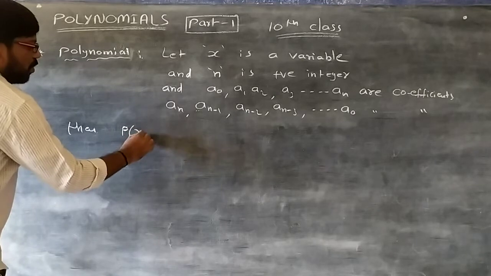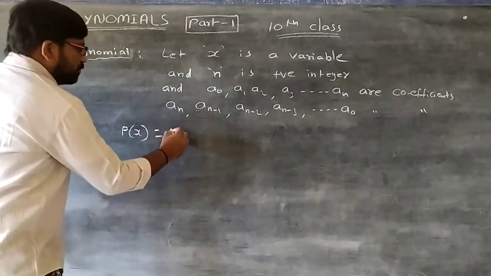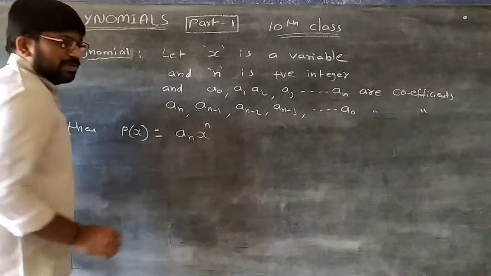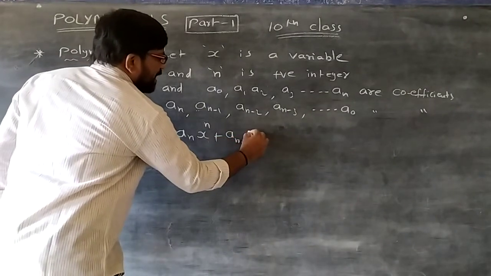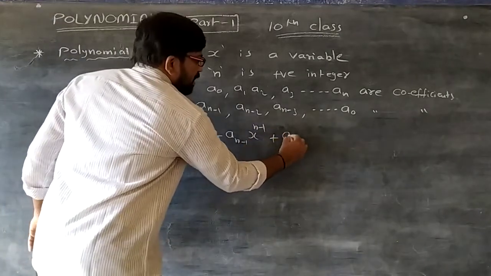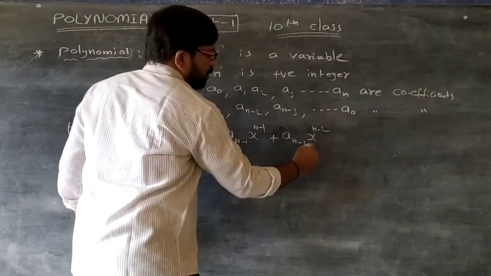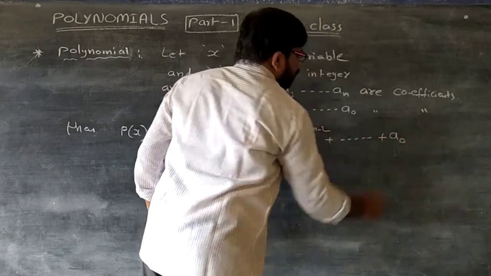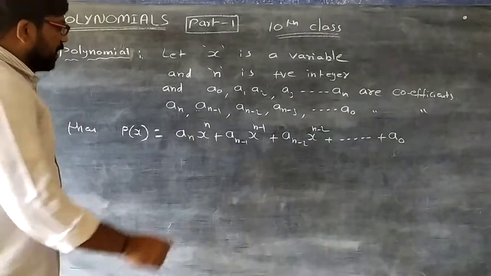p of x, the polynomial in x, is equal to an x to the power of n plus an minus 1 x to the power of n minus 1 plus an minus 2 x to the power of n minus 2 plus and so on, up to the last term a0, is called a polynomial of degree n.